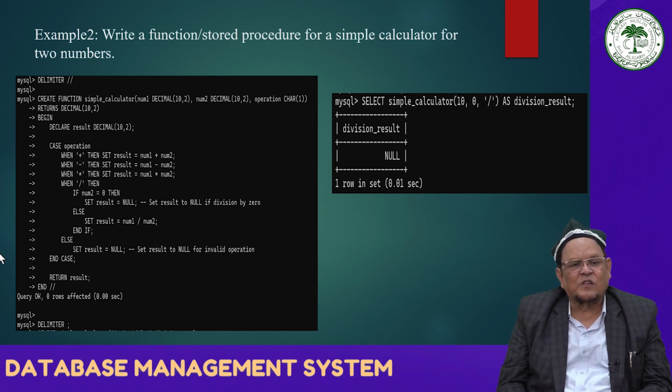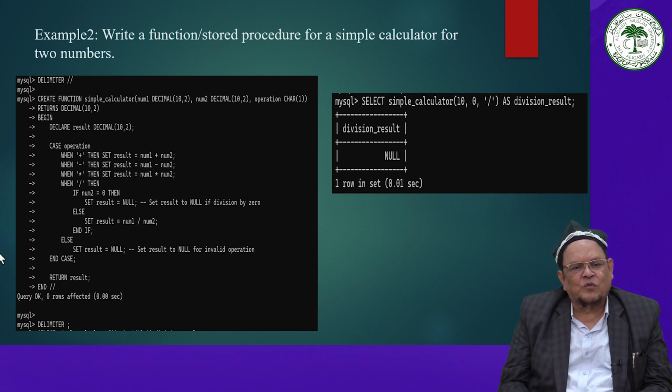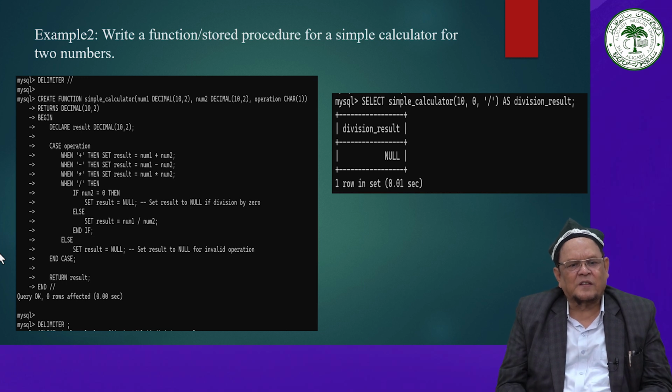Then declare result DECIMAL(10,2). Then you can use a CASE statement, which I have already explained in the previous lecture. When plus, set result = num1 + num2. When minus, set result = num1 - num2. When asterisk, the multiply sign, set result = num1 * num2.